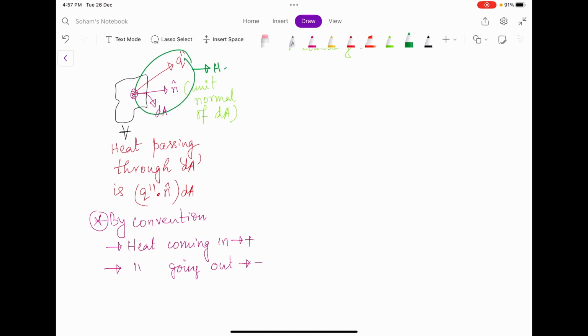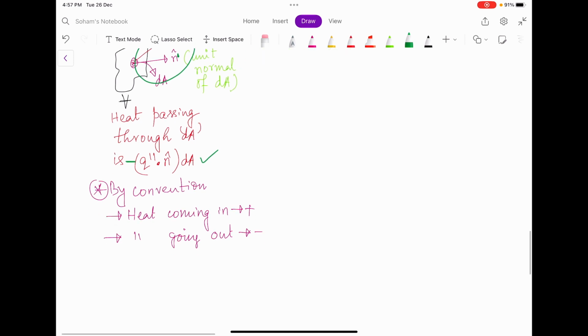For the case that I have drawn, heat is going out, heat out. If I follow this notation, then the direction of q and n here is positive, but this heat out should be negative, so I have to apply some extra minus here.